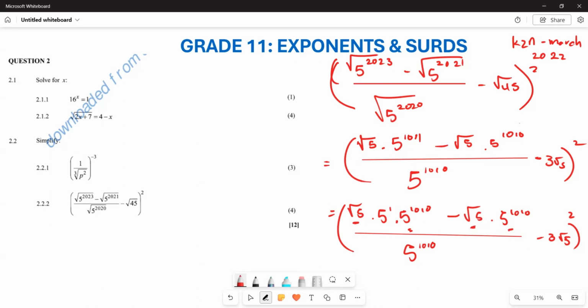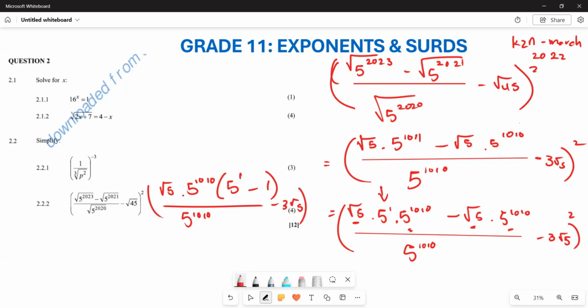If you take out your common factor, you can take out root 5 as a common factor, multiplied by 5 to the power of 1010. And what are you left with here? You are only left with 5 to the power of 1. Now here you've taken out everything, so this is the same as subtract 1. Now this is going to be 5 to the power of 1010, subtract 3 root 5, close bracket squared.